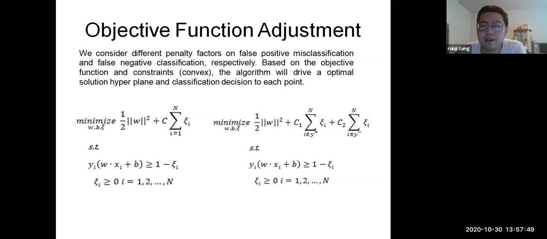But for the right part, we will separate it into two different parts. The middle part will be the positive, and the right part will be the negative.